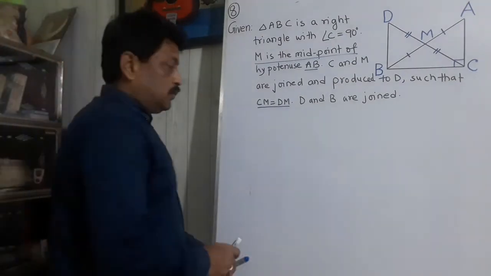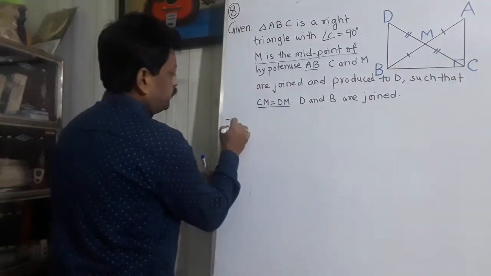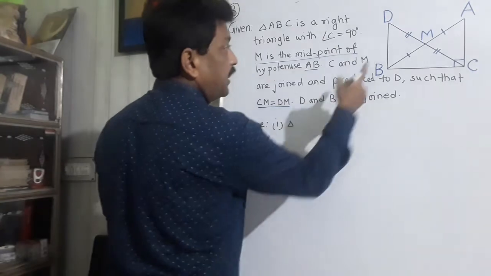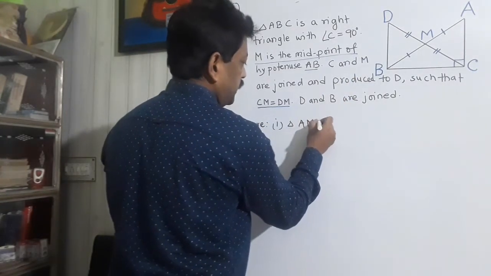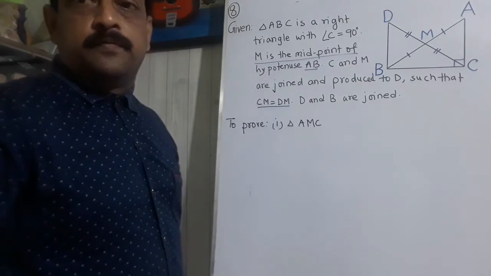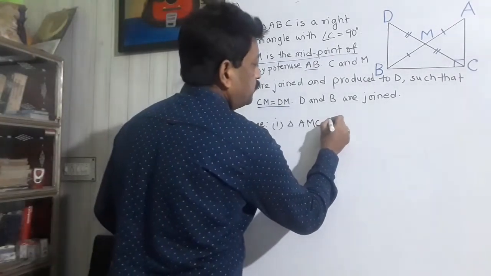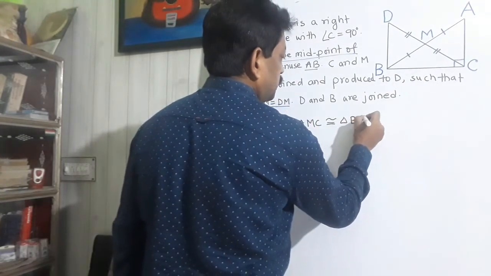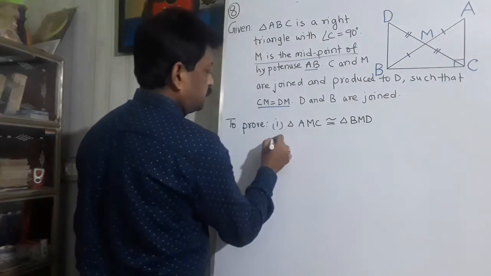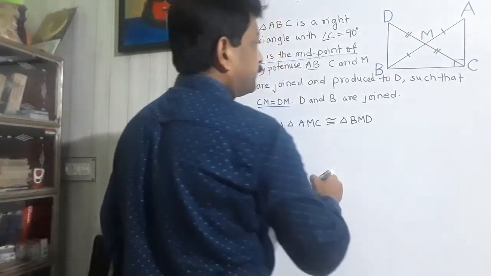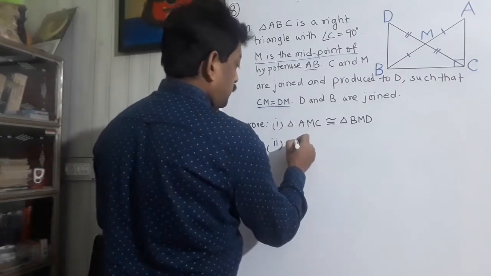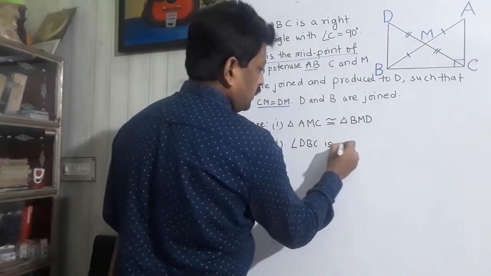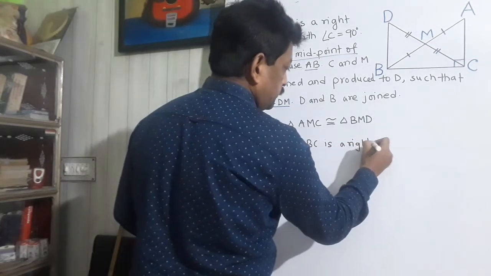Now come to the question part. What are the things we have to prove? The first question, triangle AMC congruent to triangle BMD. Second question, angle DBC is a right angle.